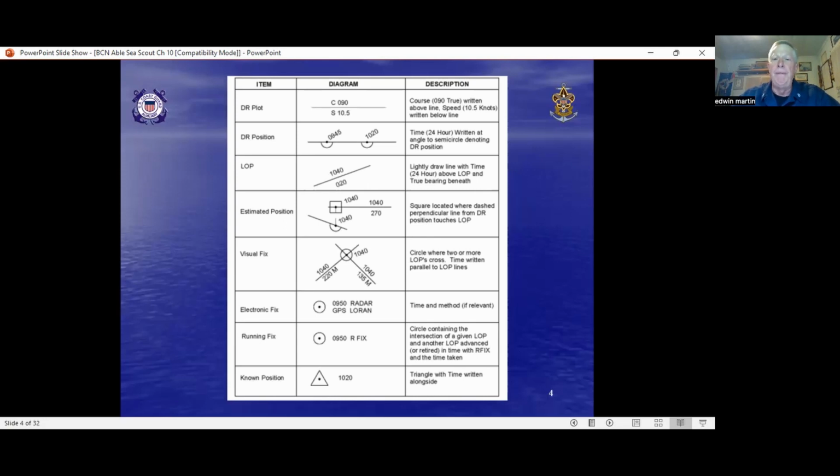So, if you record it in true, you can always come back. You can always correct for that course. Speed is usually written below the line with an S indicating speed, and it's always in knots unless you're in the Great Lakes or in the Mississippi River, and then it's statute miles.